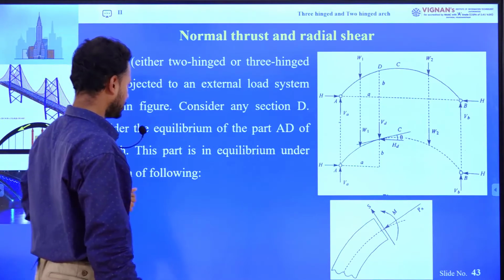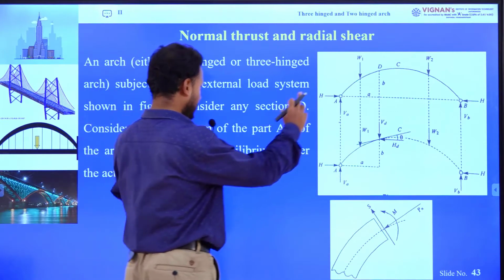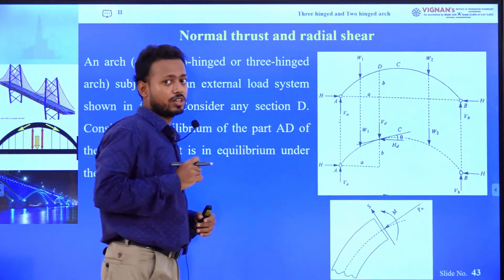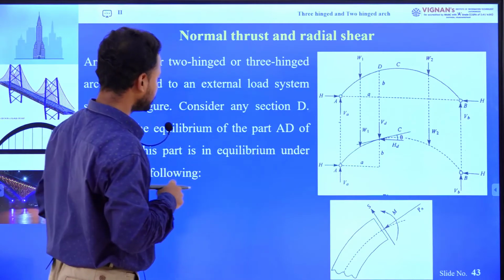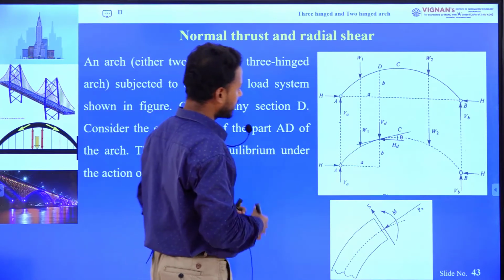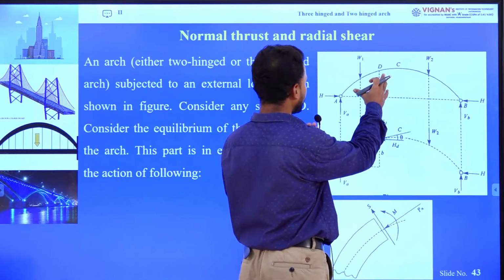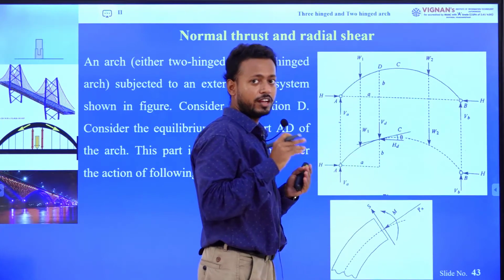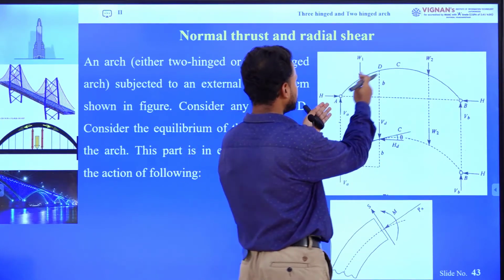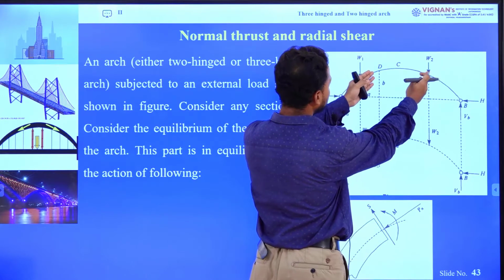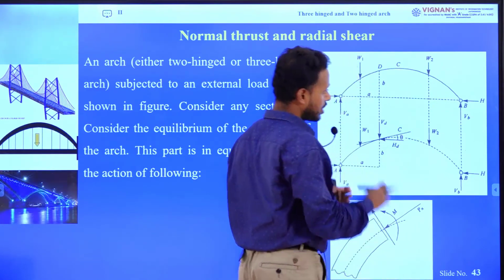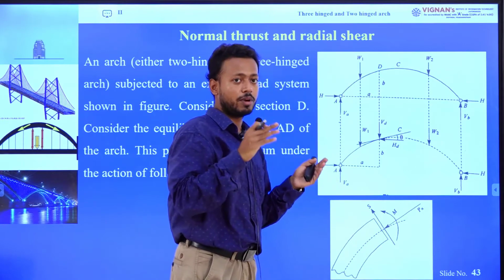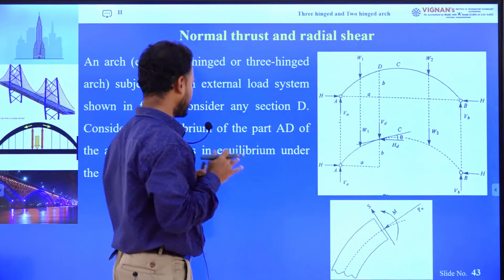Each and every part will be under equilibrium condition, separately in equilibrium both horizontally and vertically. So if you cut this AD portion or DC portion or CB portion or DB portion, whatever you cut, those portions will be under equilibrium condition.